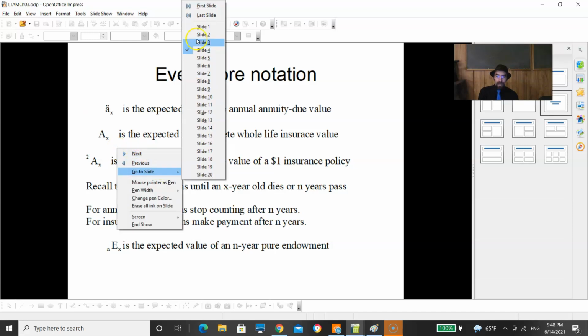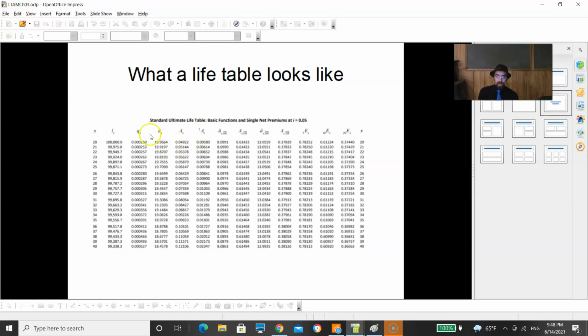But if we look back at the table that explains what these three columns are, it should be no surprise that A double dot sub x decreases with increasing age. Big A sub x increases with increasing age, from 5 cents on the dollar, more or less, to like 12 cents on the dollar from age 20 to 40.